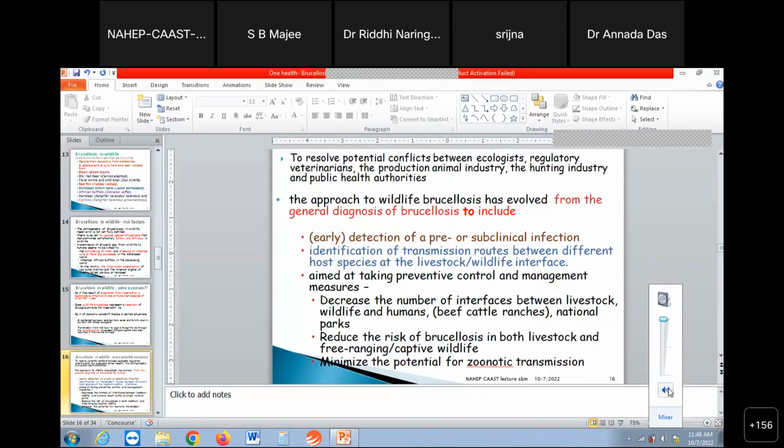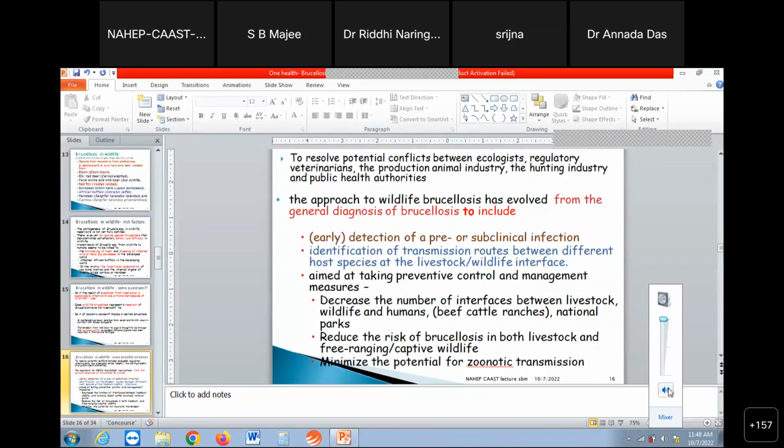Now there are some national parks like Kaziranga, etc., and also the Corbett National Park, where you will find that these national parks are huge. And there are animals who stray into these national parks. There is livestock. And these wildlife and livestock do come in contact with each other.